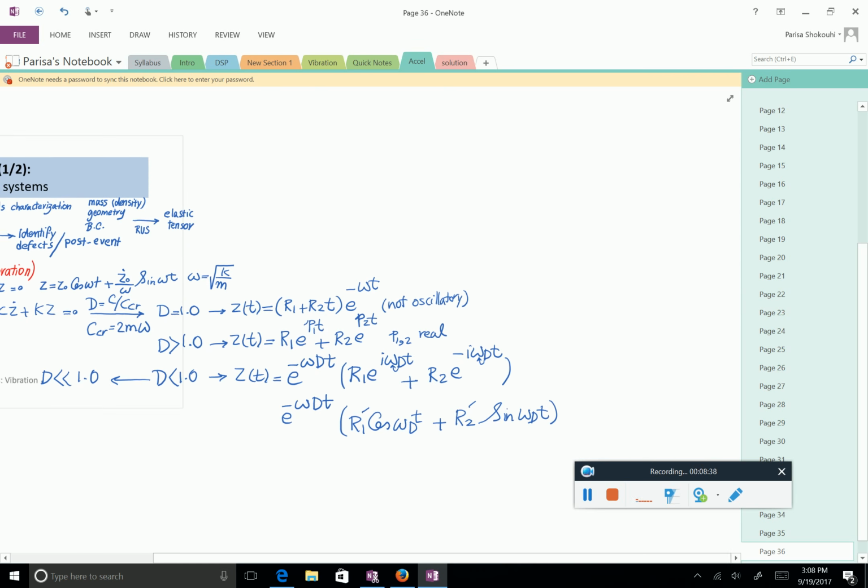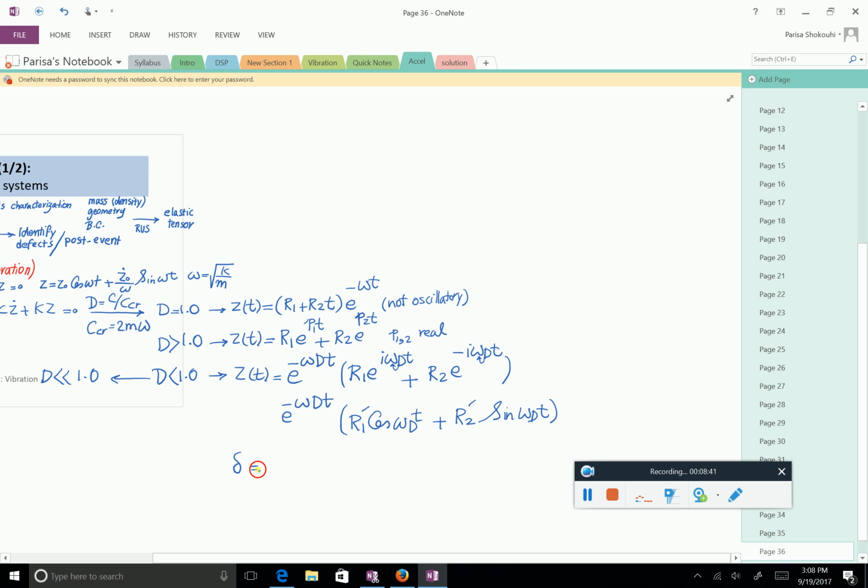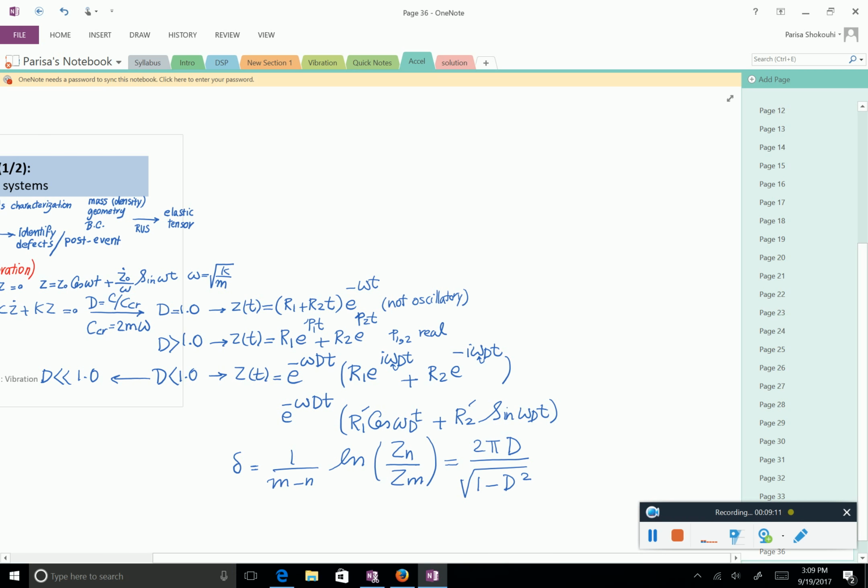And here we also defined the logarithmic decrement, and we saw that you can get it by looking at the maxima as your signal is ringing down. You take two maxima, n and m, and we see that this is related to the damping ratio. So this is something that is used to characterize damping, the logarithmic decrement.